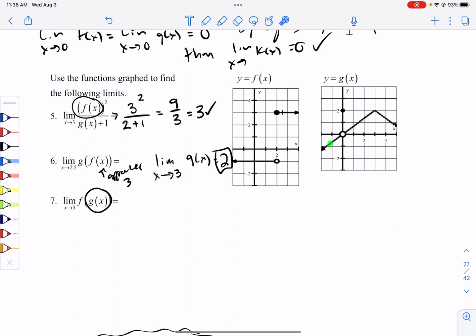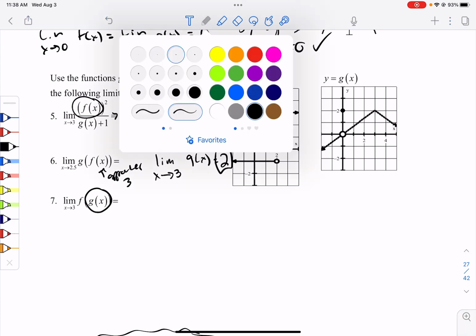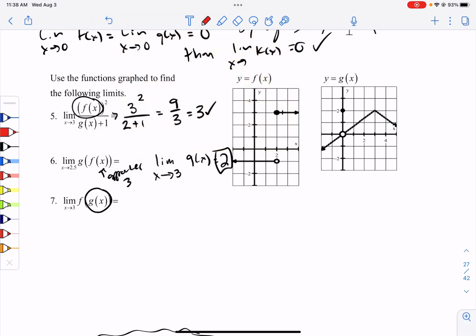Now notice, as I'm approaching 3, my x values are moving to the right, and I'm approaching the number 2 up here, right? My y value is 2. From the left as I approach 3, I'm approaching 2. From the right as I approach 3, I'm getting up to 2. But here's what I need you to notice. I am coming from below 2.